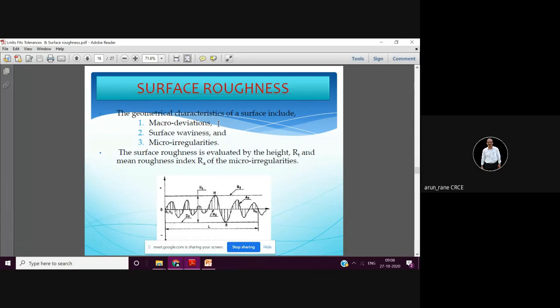Second, you can write N1, N2, N3. These are the different ways they write in the drawing. And third is you can mention the Ra value. You can mention the sampling length, and this is how your roughness is represented.